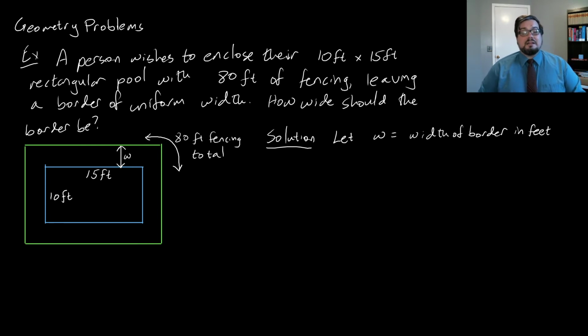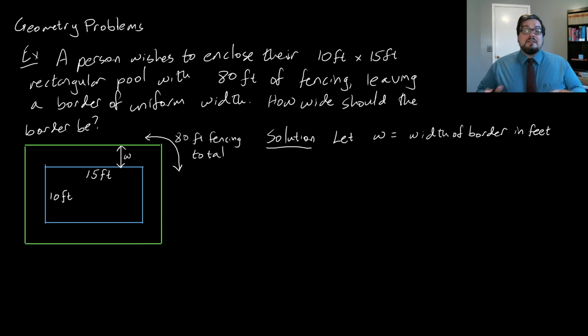Now I've chosen feet here because we already have length measurements using feet, and you always want to be consistent with the units that you're using. If the problem is already using feet to measure length, you want to continue using feet.